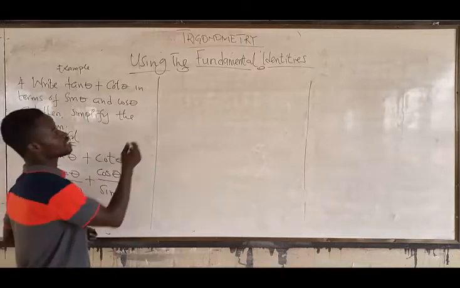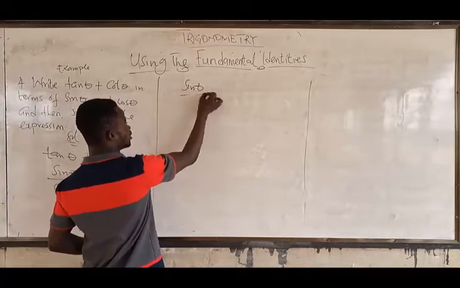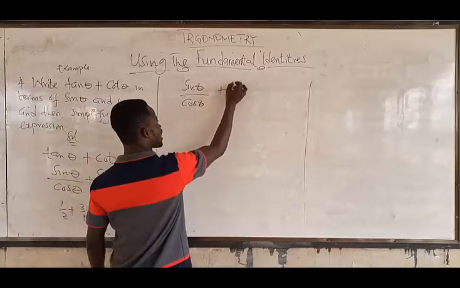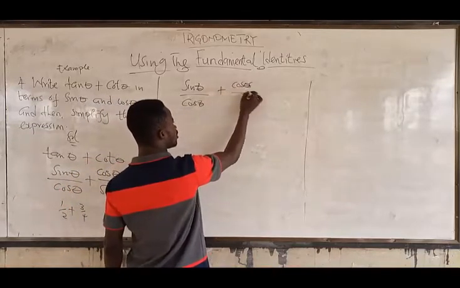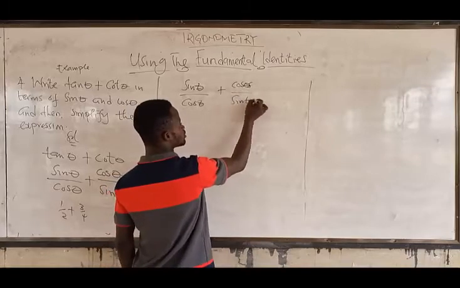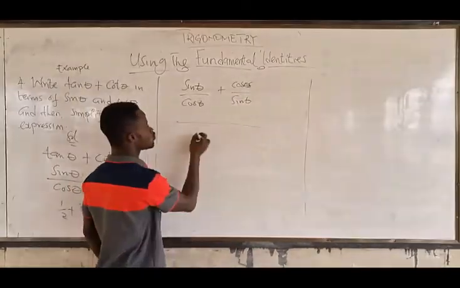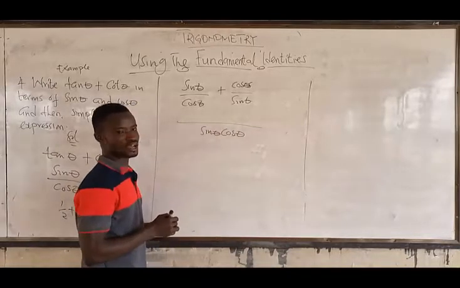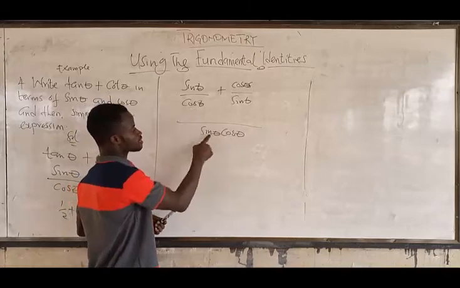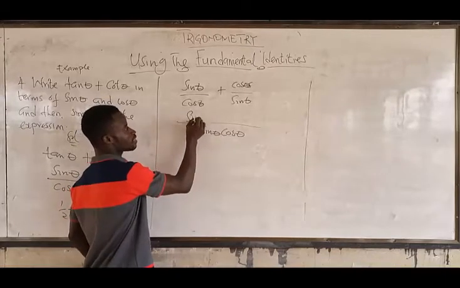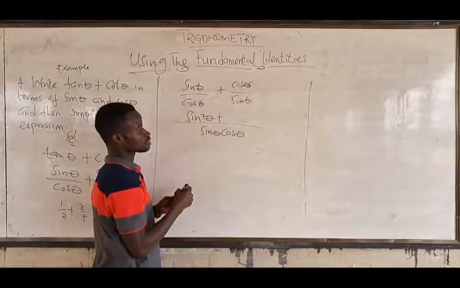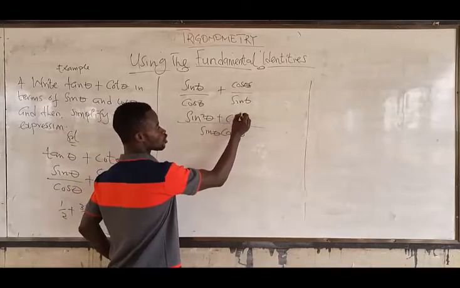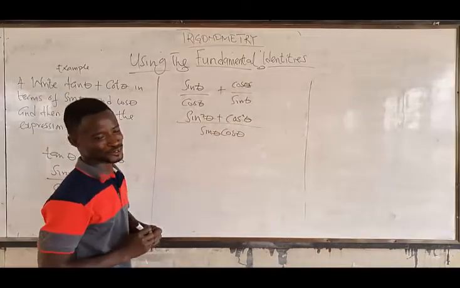So in the same way, here is sin theta over cos theta plus cos theta over sin theta. So the LCM will be sin theta cos theta. And this cancels this, multiply this. So you get sin square theta plus, this cancels this, multiply this. That is cos square theta. Oh, beautiful.